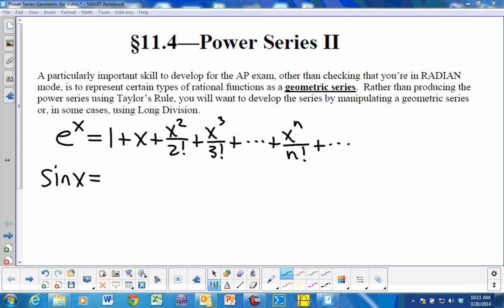Sine x is the second one, and that one, remember, if you have trouble remembering what powers, you know that sine and cosine don't have all the powers, they have every other one. Just remember that sine is odd. It's an odd function, so therefore it's the one that has all of these odd powers.